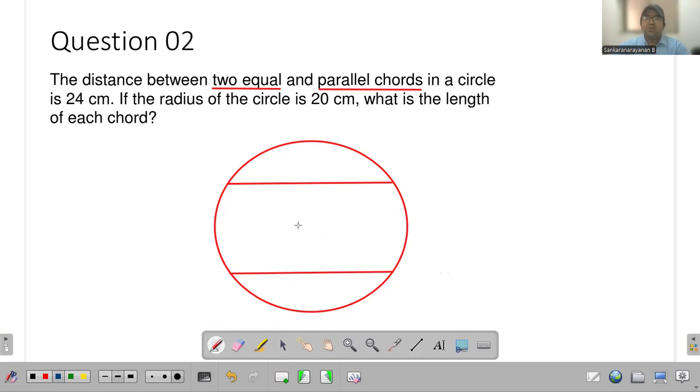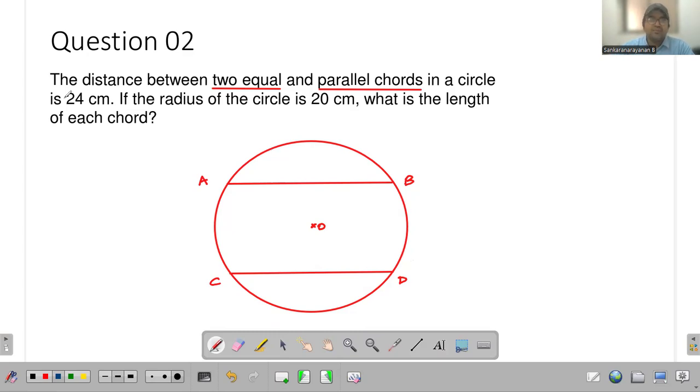Now, let the center of the circle be O. The chords AB and CD are parallel to each other, and the length of AB and the length of CD are also equal.